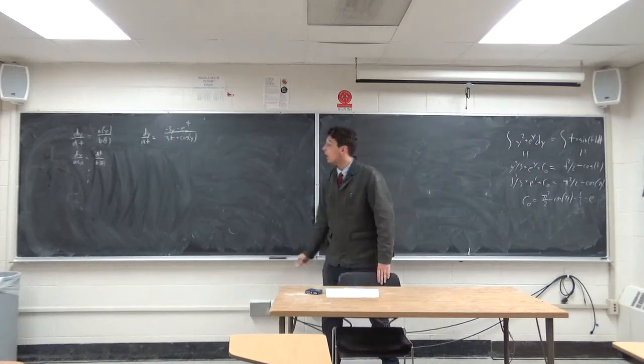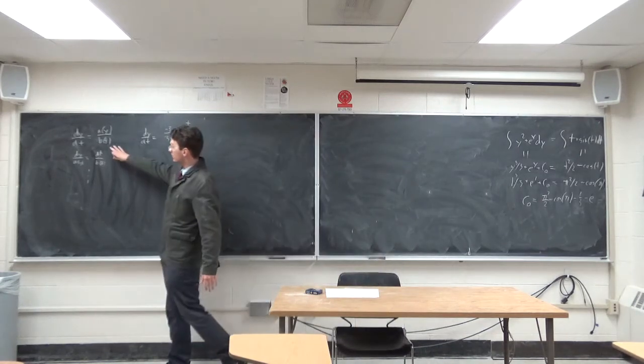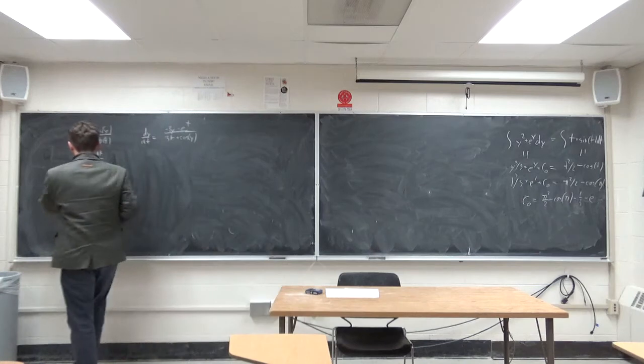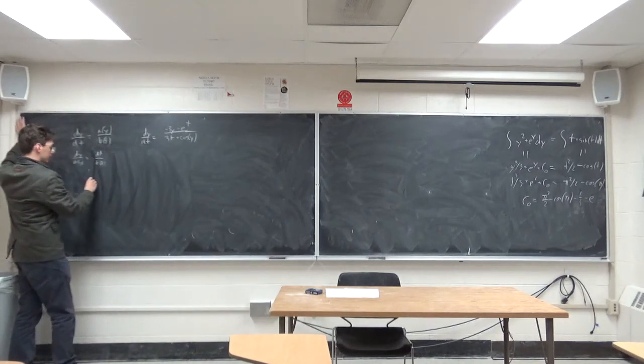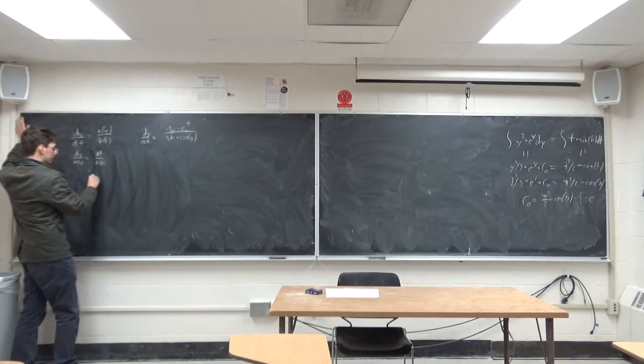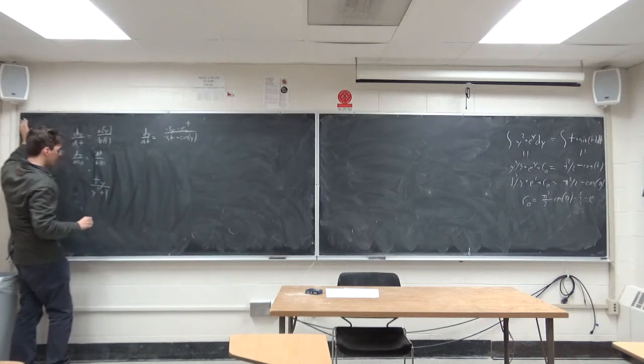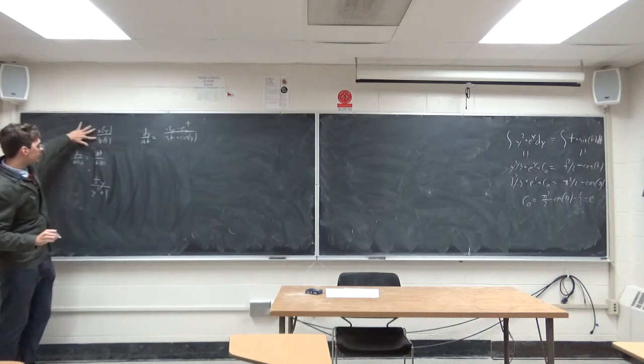Now, one thing is that, here, it might not have been obvious that two things were separated. It could have been something weird where it looked like ty over, I don't know, y squared plus 1. That's not obviously in this form.